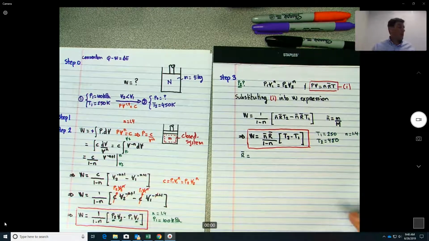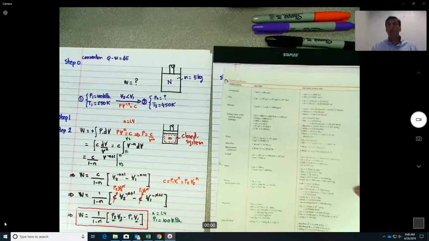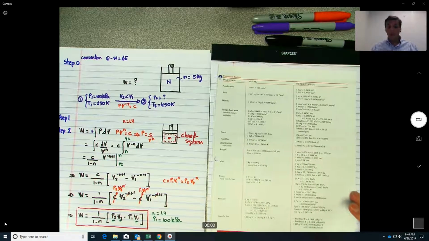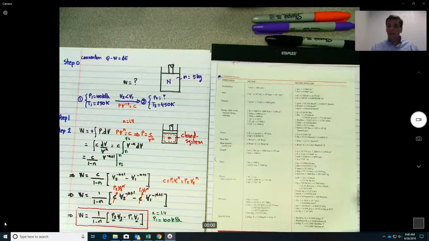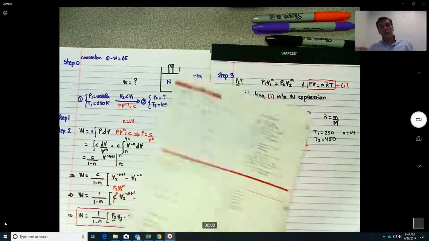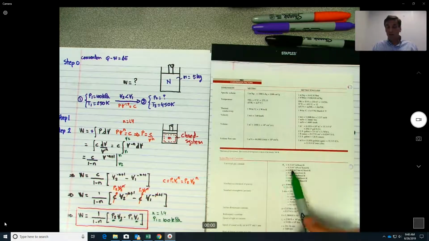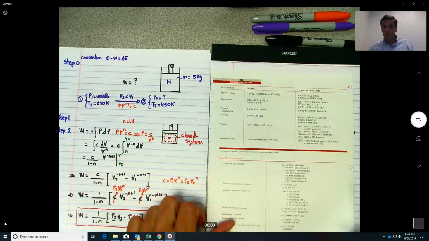okay, like I told you, you should have that page over here, or a similar page. This one is from Zengel. I'll be using the tables from Zengel. Basically, if you look at this table, it's a little bit small. Let's see, we have the gas constant is at the back. The universal gas constant is equal to 8.314.